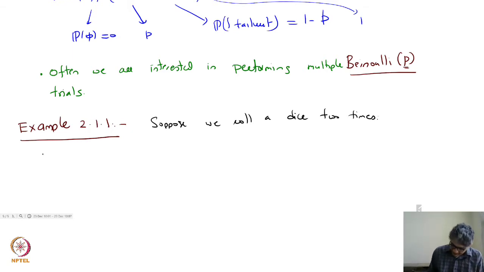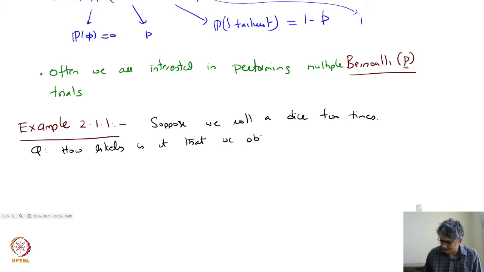And I'm interested in understanding, I'm asking you a question: how likely is it that we observe exactly one 6 in the two rolls?